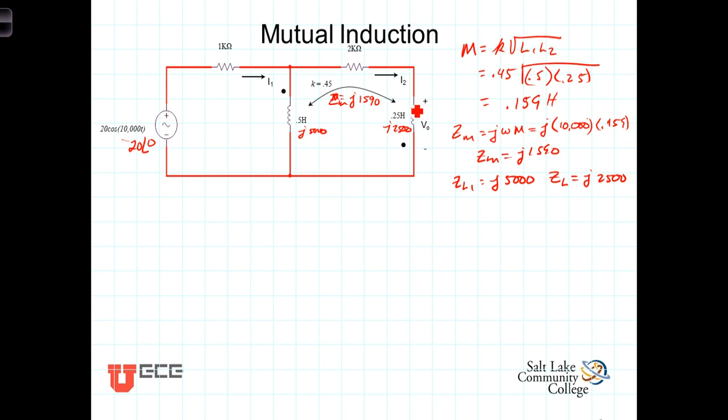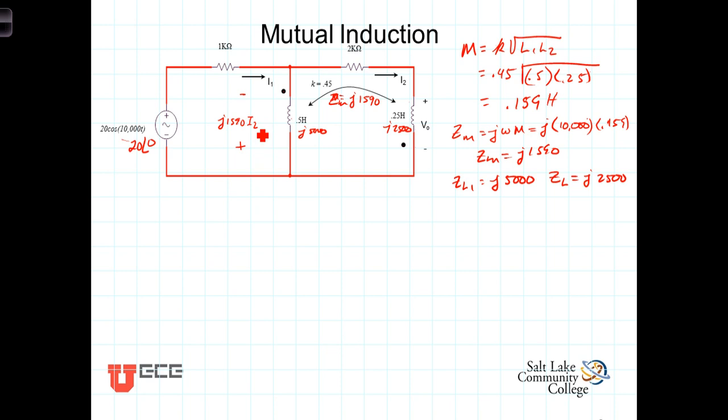So the voltage that's going to be induced over here due to this current is going to have a positive sign at the undotted terminal. The current that's causing this voltage is going into the undotted terminal, therefore the voltage will have a positive reference here and minus there, and that's going to be the j1590 times the current flowing through that coil, which is I2.